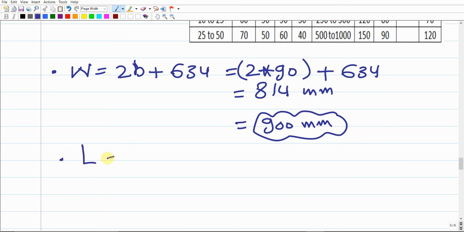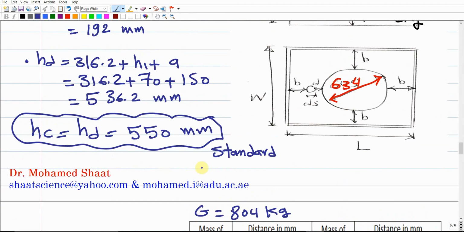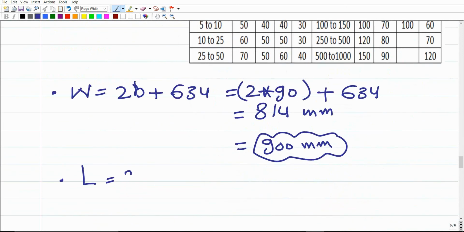How about the length? We're gonna do the same calculation for the length. The length we do have 1B from the left, then DS, then D, then the 634, and another B from the right side. So we're gonna have in total 2B plus the DS, which is the diameter of the down screw, and we said that we have no clue how much of this diameter, in addition to the small d in addition to the 634.